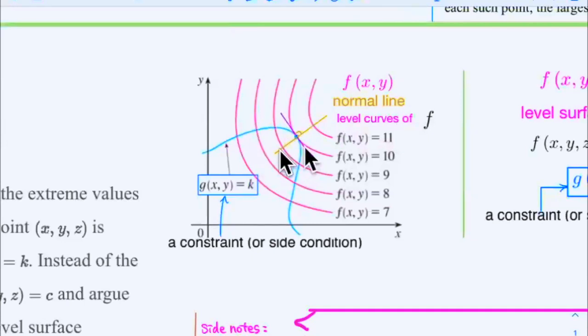Now, because they have the same normal line, what can we say about the gradient of f and the gradient of g? They will be pointing in the same direction, right? They'll be parallel. So when two vectors are parallel, what happens? They'll be scalar multiples of each other, right? So it's like a constant times the other vector. Okay? So let me draw this.